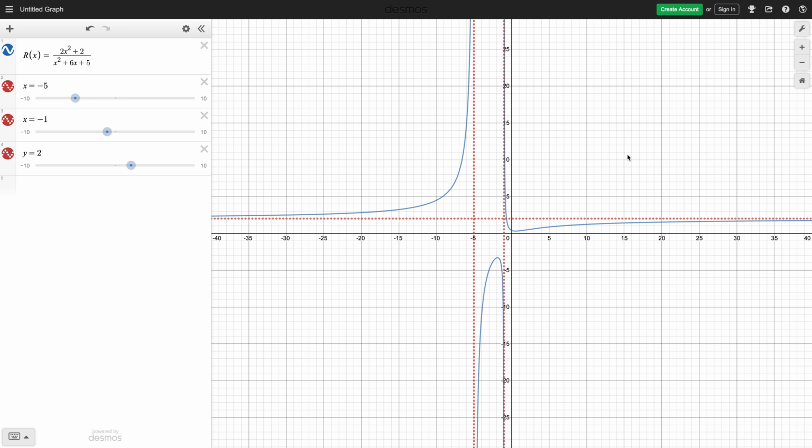Now for horizontal asymptotes, given certain conditions, it is possible for the graph of the function to come into contact with the horizontal asymptote. In the case of y equal to 2, if you notice, at the left extreme the graph runs tangent to y equal to 2.